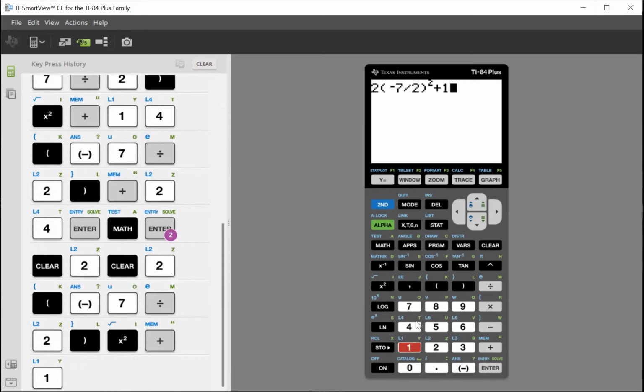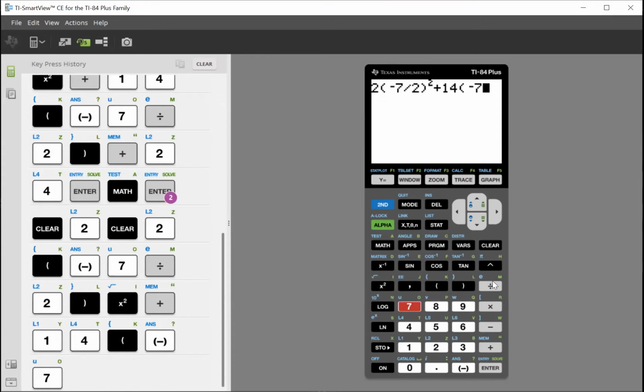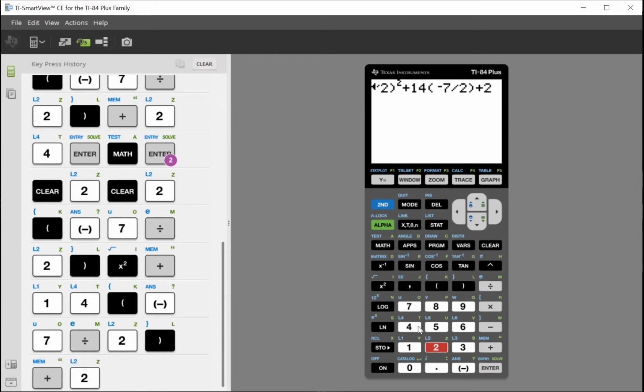So add 14. Parentheses, is it -7 over 2? Okay, -7. I wonder if that's what I was doing wrong. Close the parentheses. So you did plus negative 24. Let's see. And I still got -1.